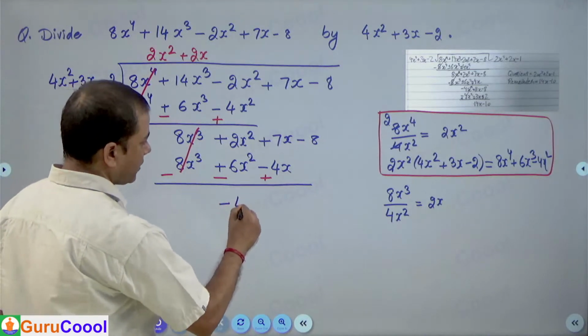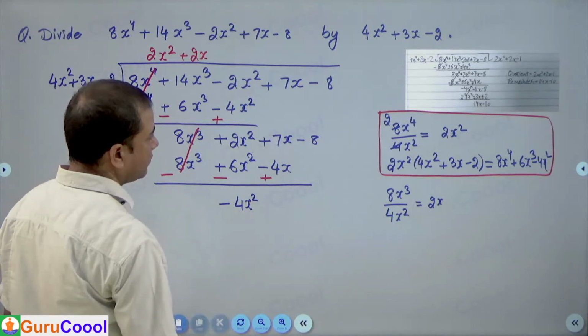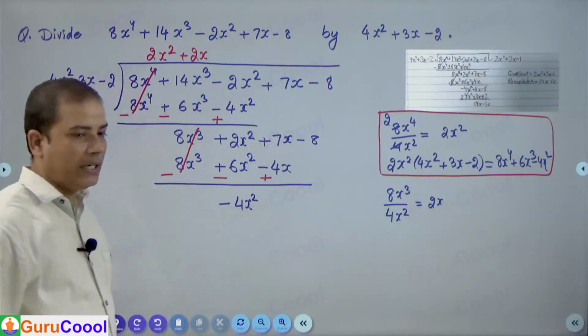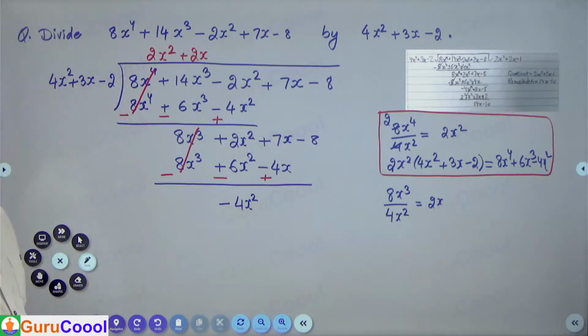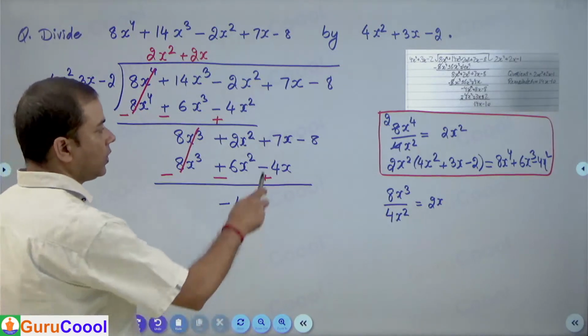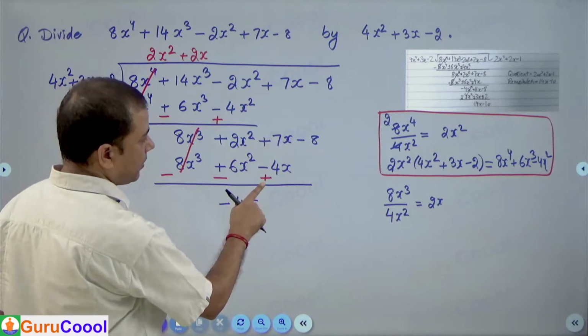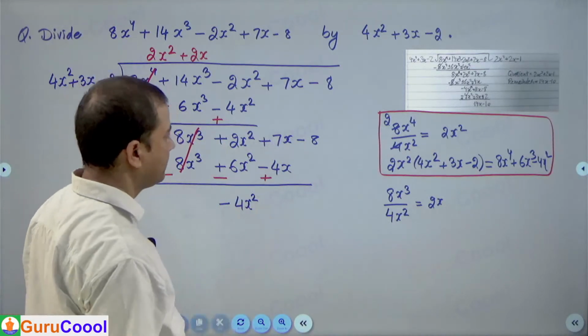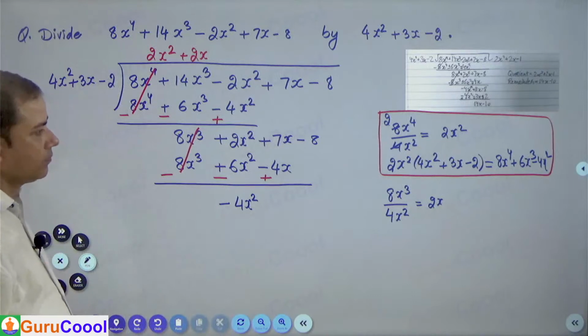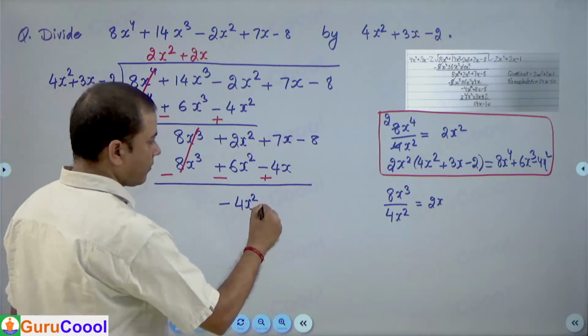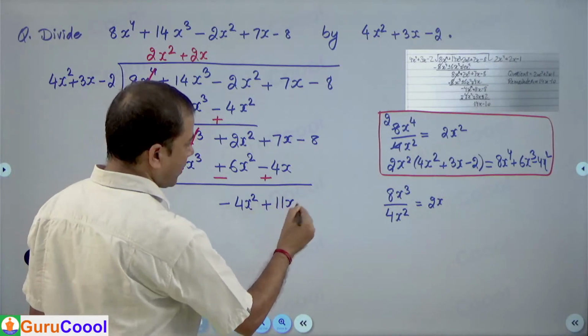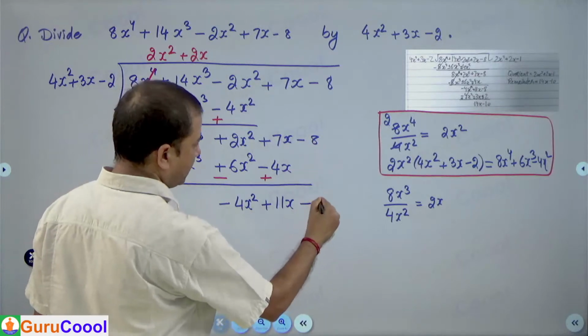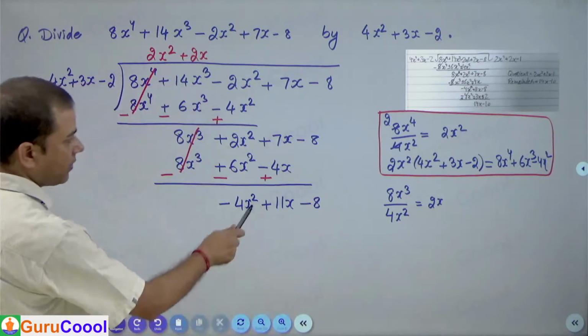Minus 4x square. Your voice doesn't seem to be confident. Plus 7x plus 4x is how much? Plus 11x. And then minus 8 comes from the top. This is our new dividend now.